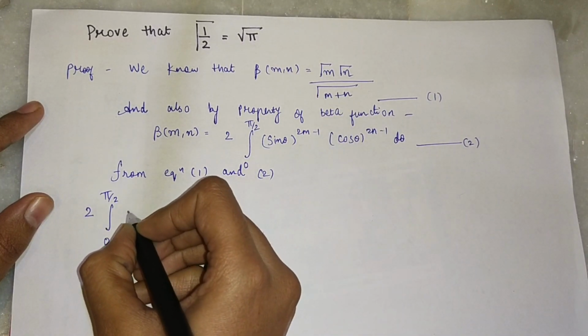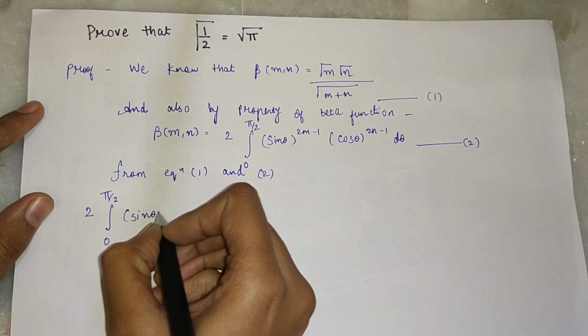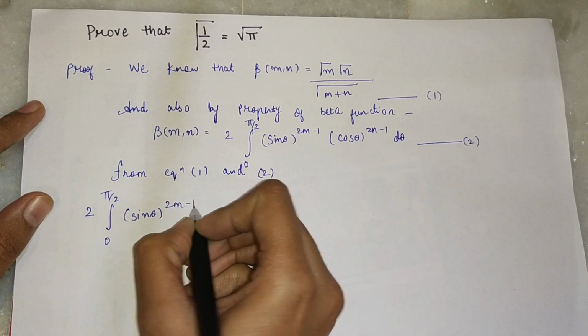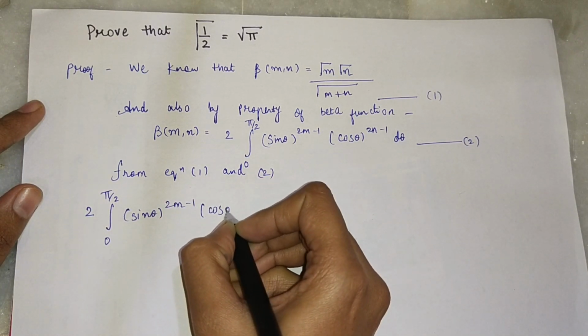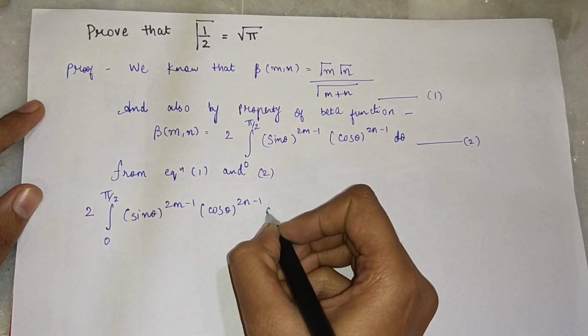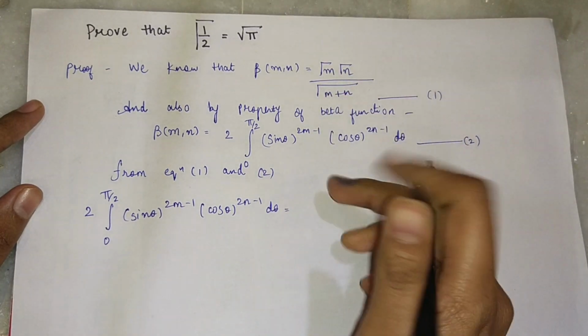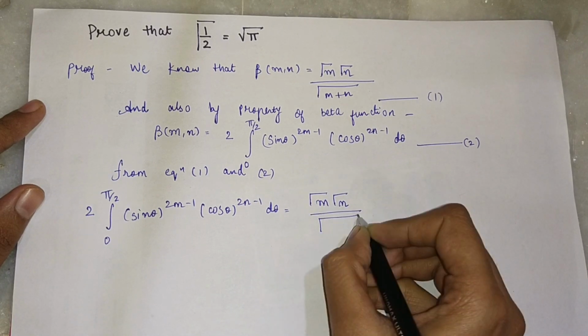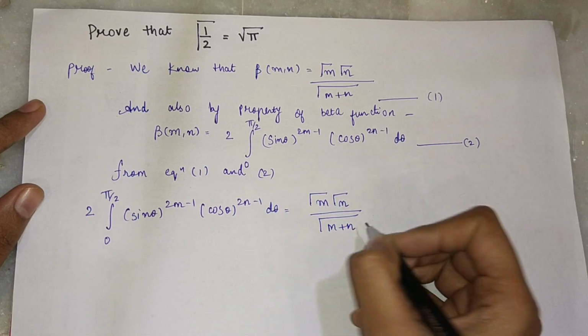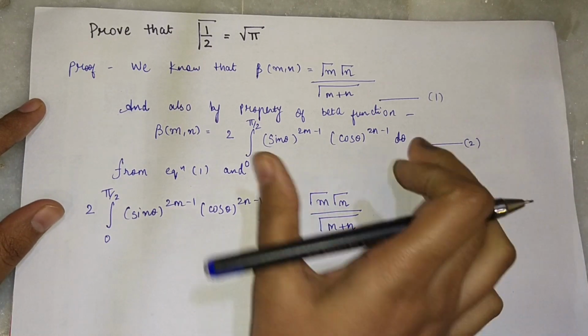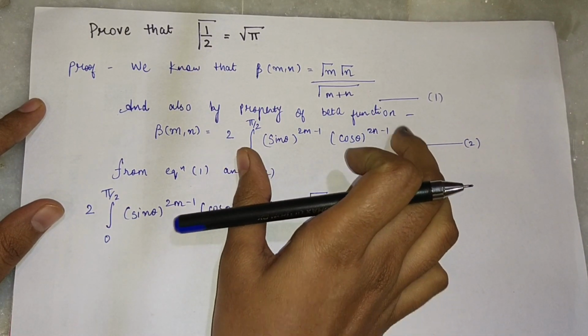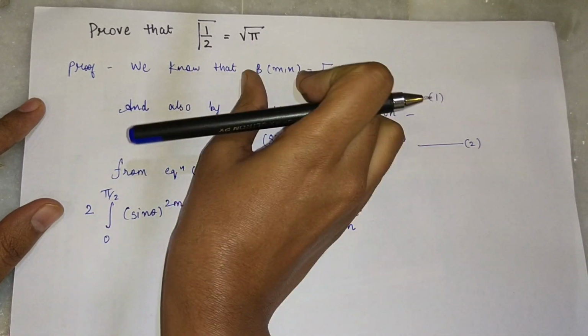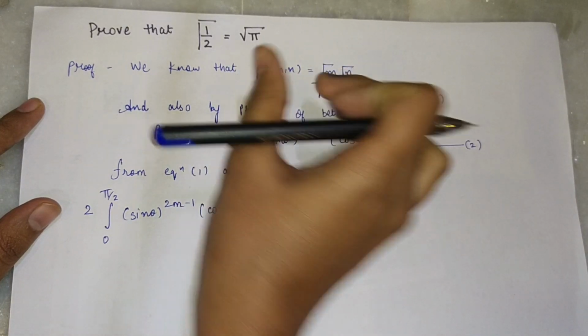Sine theta raised to 2m minus 1, cos theta raised to 2n minus 1 d theta, and this term will remain as it is, that is gamma m into gamma n divided by gamma m plus n. We have just substituted this value of beta m comma n here in equation 1.